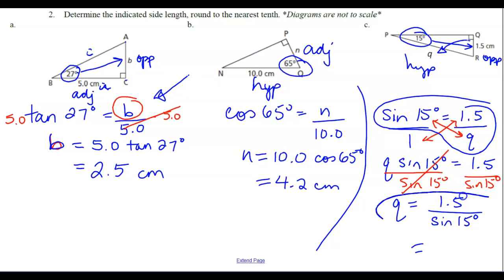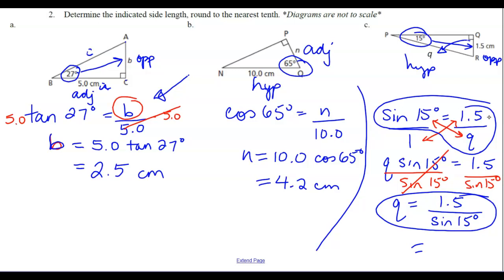Here's a hint to remember when you divide as opposed to when you multiply. Take a look at the setup. I always do the setup first. What is sine of 15 degrees, or what is tan of 30 degrees, or whatever it is? If the unknown is in the denominator, then I divide.